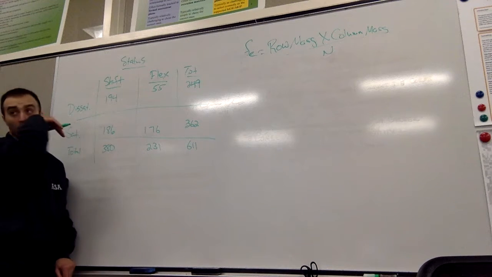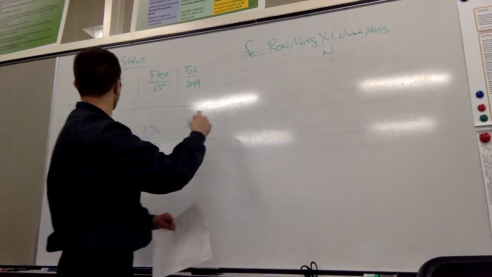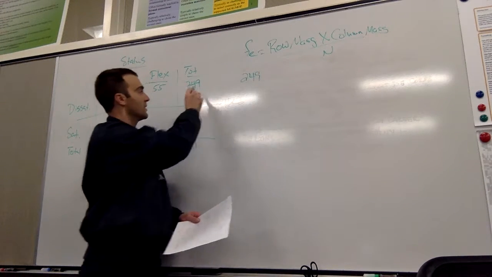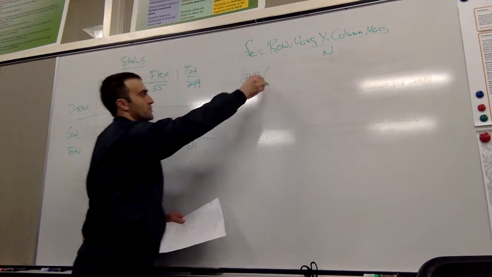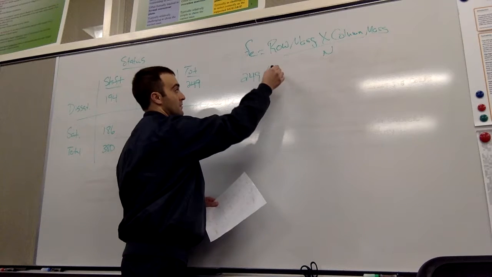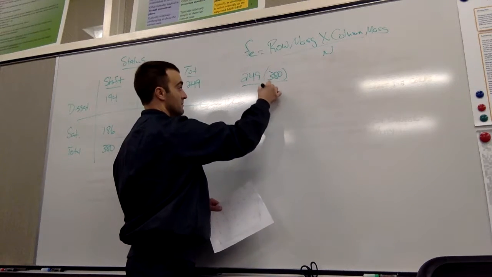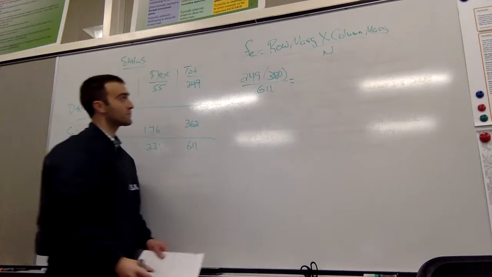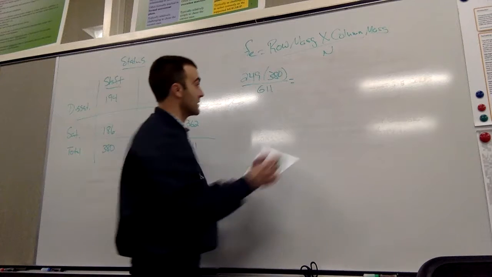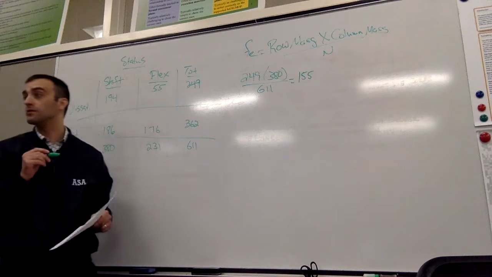So these are all of our observed. Our expected for this cell in the northwest would be its row marginal of 249 multiplied by its column marginal of 380, all over the n of 611. When you multiply it out and divide it, if you round to a whole number, I get about 155.